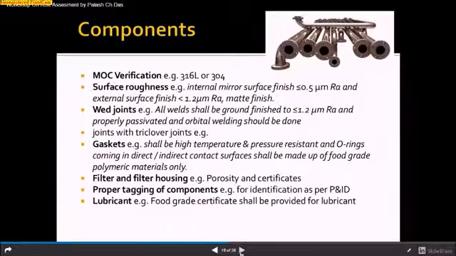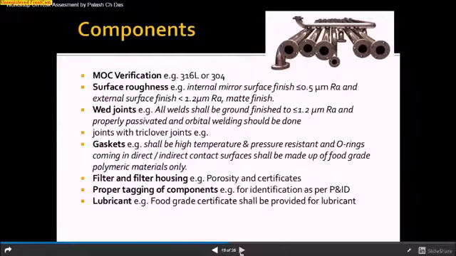You need to check whether you want an internal mirror surface finish or external. For internal and external there is a different Ra value. This is called the roughness factor. Again, weld joints: how they are joining the weld, whether the welder certificate is available or not. These are the critical things. Gaskets: whether your gasket can withstand high temperature and pressure, where you are planning to put a gasket, in the PSG or WFI, where the temperature is more than 100 or 80.